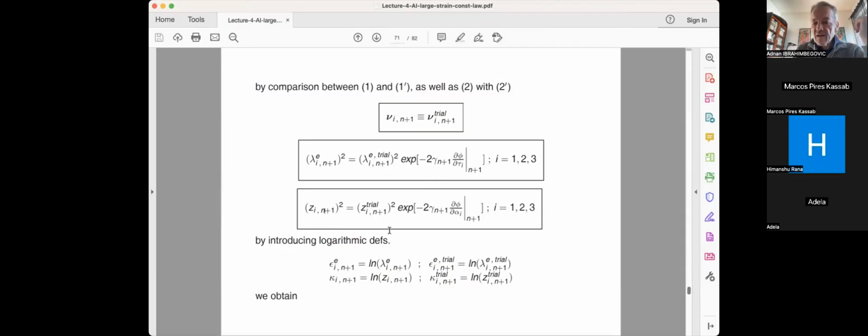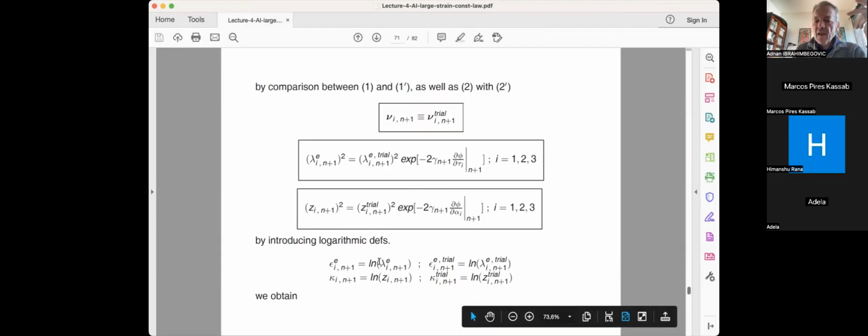Now, if I take a logarithmic strain, like I advocated already in this 1D version that I briefly discussed, then the elastic strain would be the natural logarithm of this elastic stretch. And then the trial value of the elastic strain would be the natural logarithm of this trial value of elastic stretch. The same goes for the back strain.